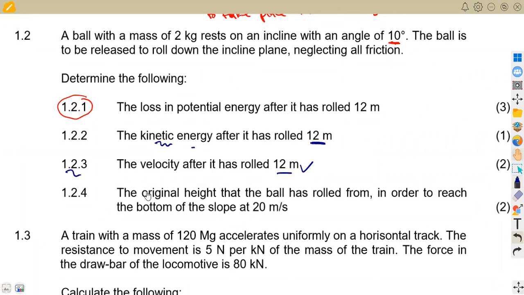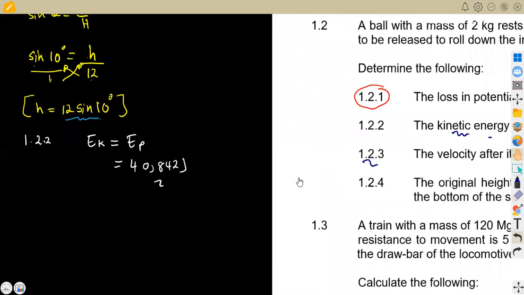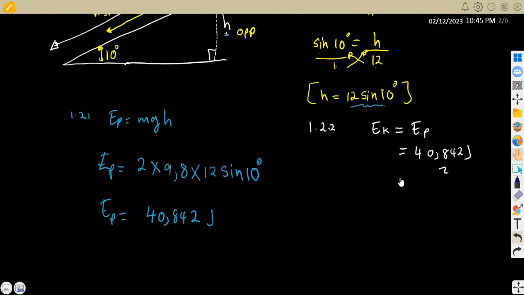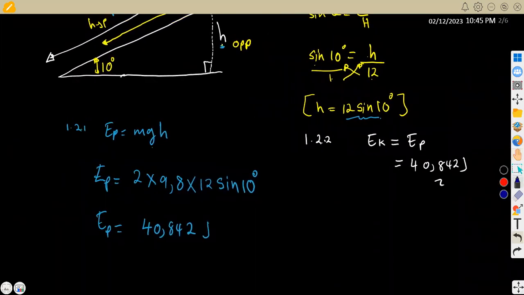So we can take advantage of the kinetic energy because we know that in the kinetic energy formula we have got velocity. So from 1.23, we can take this from our kinetic energy, because we know that kinetic energy is half mv squared.